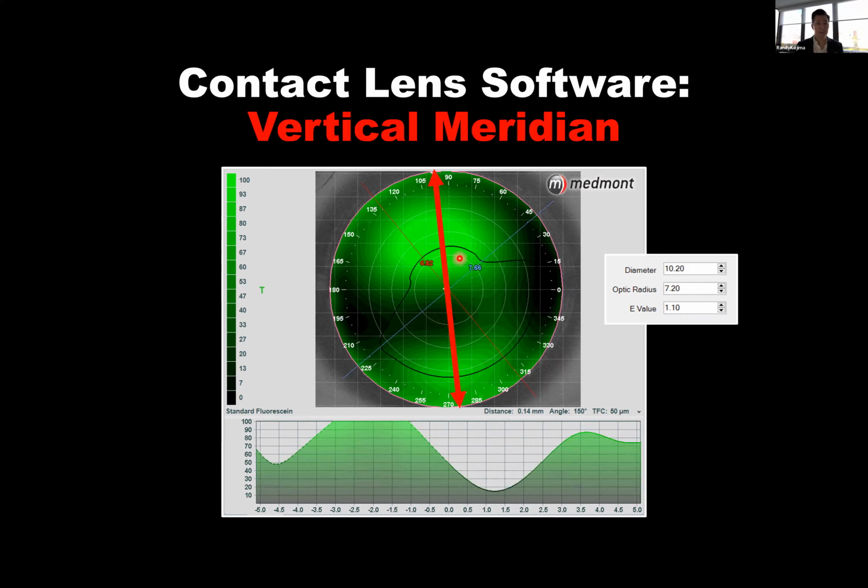Well, in the steep meridian, when we look at the tear layer across the vertical meridian, you notice the cornea is high. The cornea is really low. There's a ton of fluid right here, in the neighborhood of more than 100 microns of fluid. Then we're just above the cone by under 20 microns, and then the corneal elevation just drops off inferior.